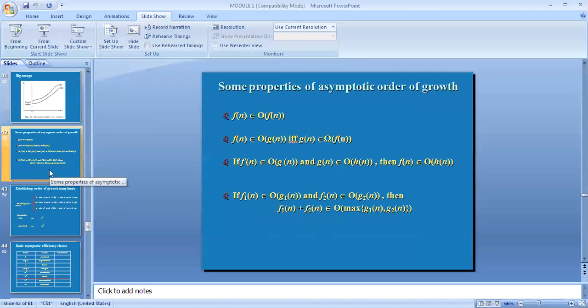Some properties of asymptotic order of growth. T of n belongs to big O of f of n and f of n belongs to big O of g of n if and only if g of n belongs to omega of f of n, and if f of n belongs to big O of g of n and g of n belongs to big O of h of n, then f of n is big O of h of n.